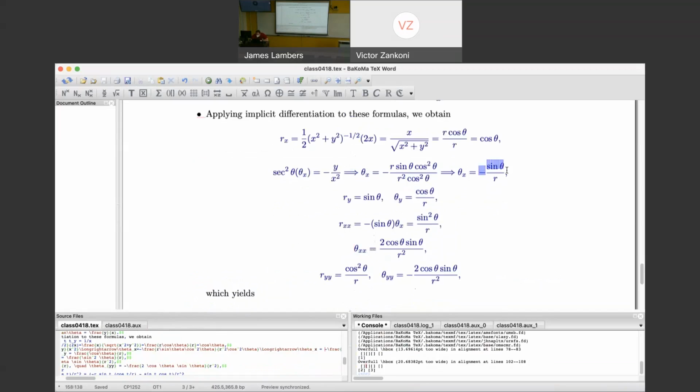Like I said, take a derivative of this with respect to x, but what am I going to need to use to take this derivative that I haven't had to use so far? This differentiation is a little more complicated than the ones we've seen up to this point.